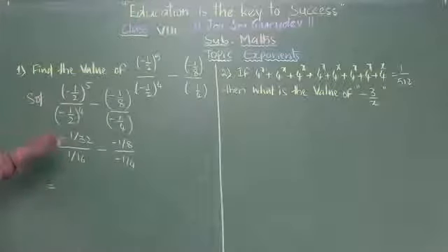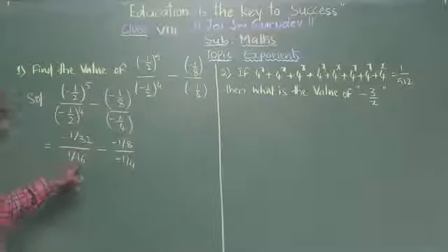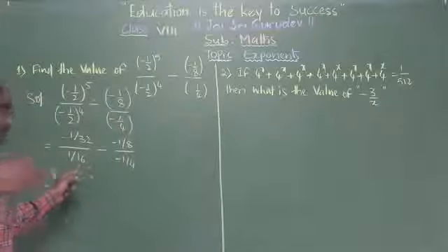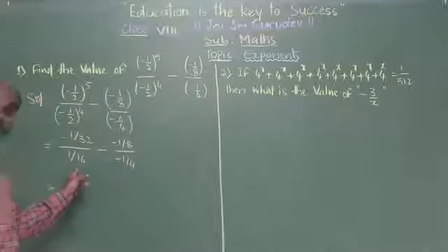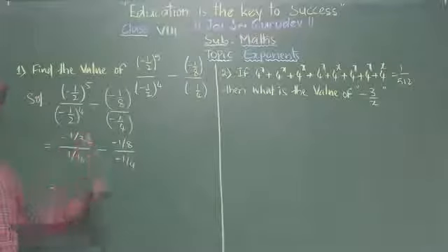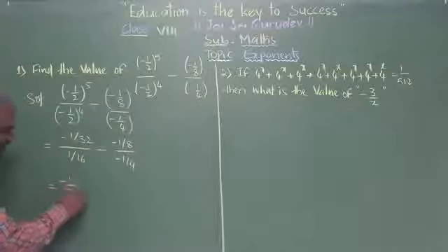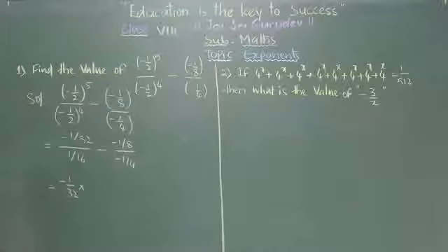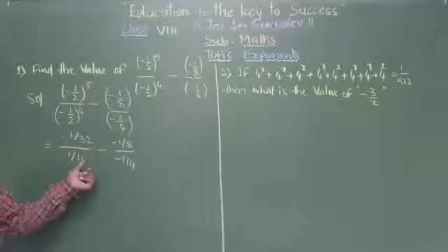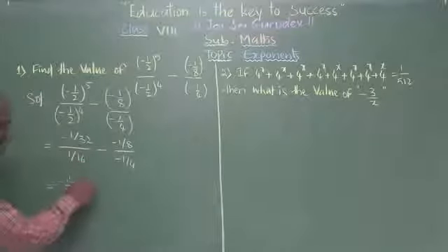Next, when we have a fraction divided by a fraction, we multiply the first fraction by the reciprocal of the second fraction. So that is minus 1 by 32 into the reciprocal of 1 by 16, which is 16 by 1.